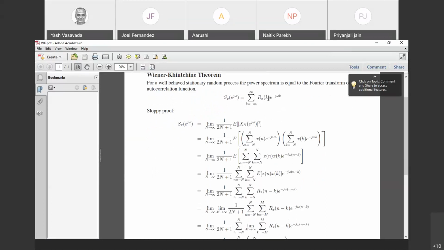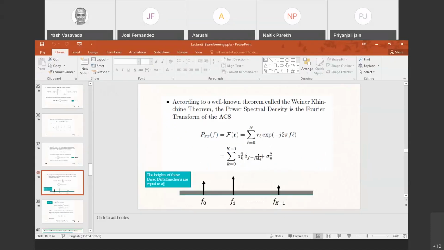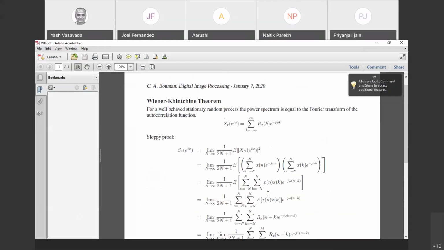The notations are slightly different. What we have called small r of L, Professor Bowman calls r of x of k.